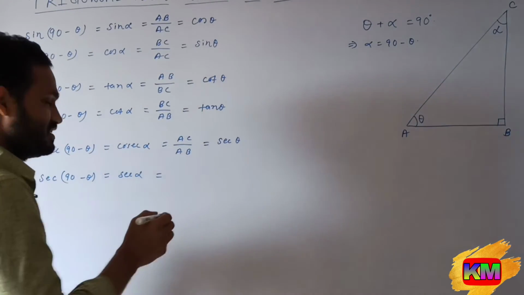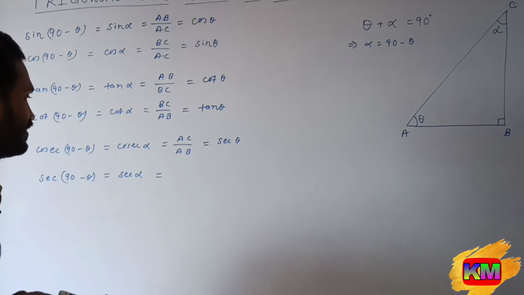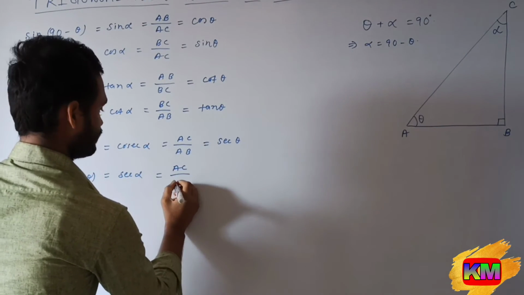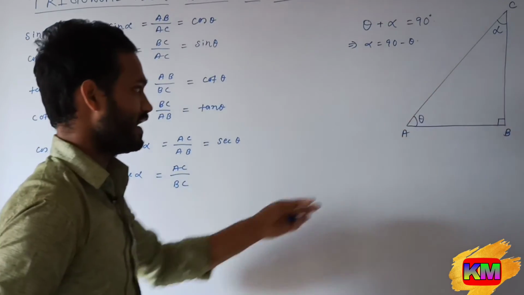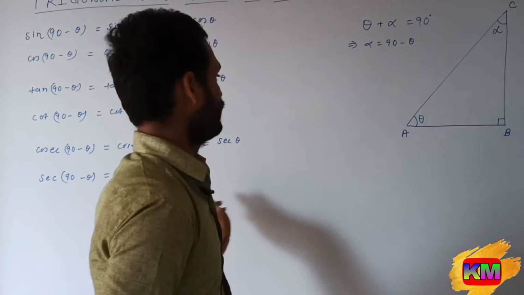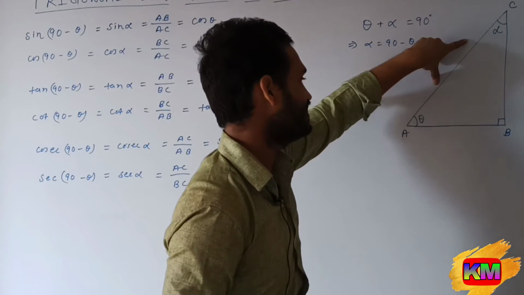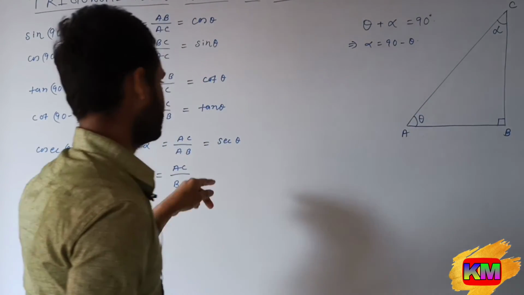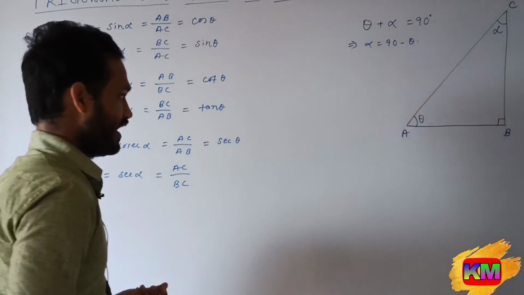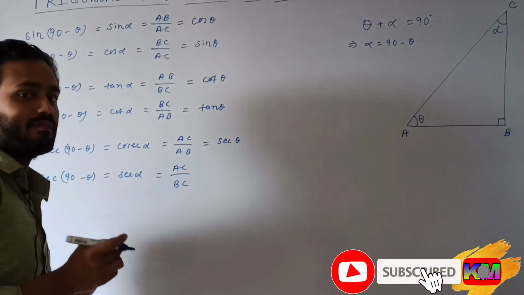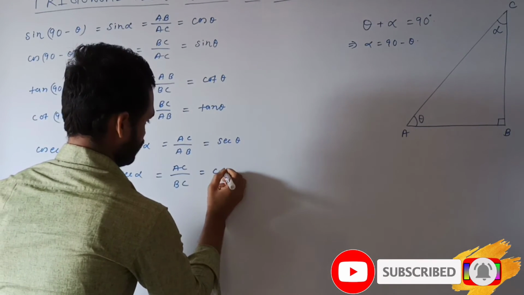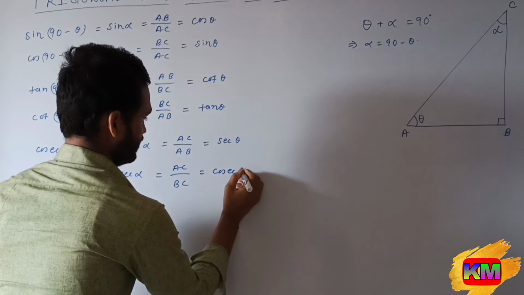We know that sec alpha equals hypotenuse divided by base. So it will be AC divided by BC. Now for the angle theta, AC is hypotenuse and BC is perpendicular. So it is hypotenuse divided by perpendicular, and we know that hypotenuse divided by perpendicular is cosec theta. So it is equal to cosec theta.